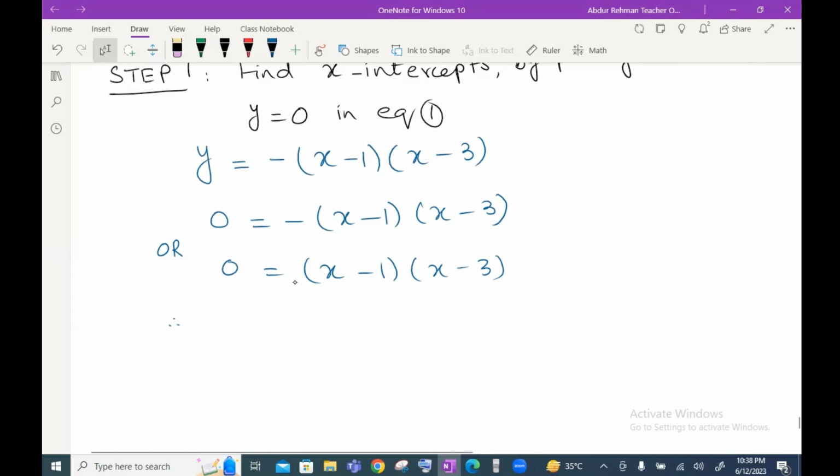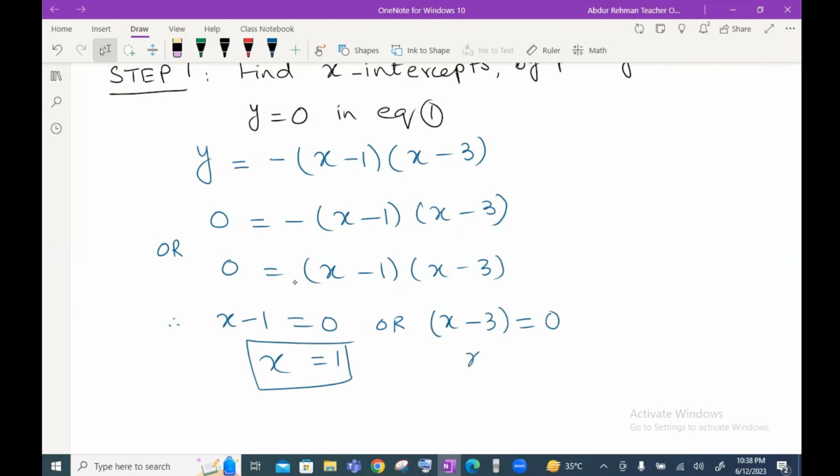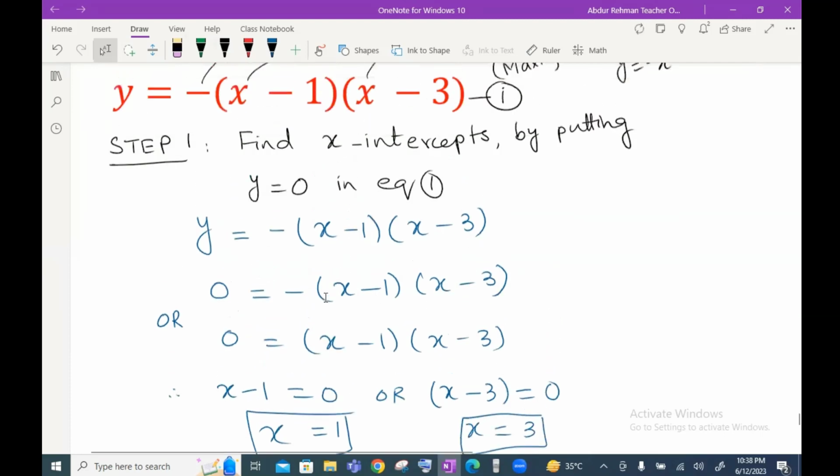So for this, equating x minus 1 with 0, equating x minus 3 with 0. So after this, x equals 1 and x equals 3 are the x-intercepts for this quadratic function.